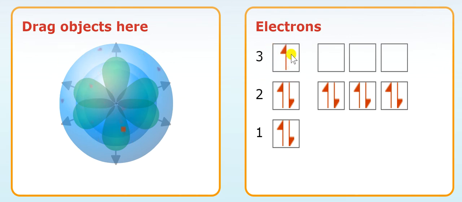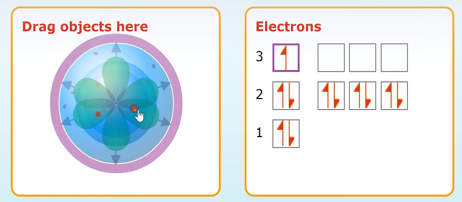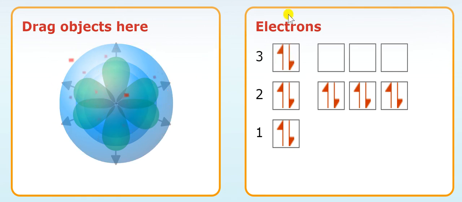Here it is, that 1 up arrow inside of this box that's labeled on row 3. Let's add a second one. And then that down arrow for the second one appears. 3s is full with its 2 electrons.